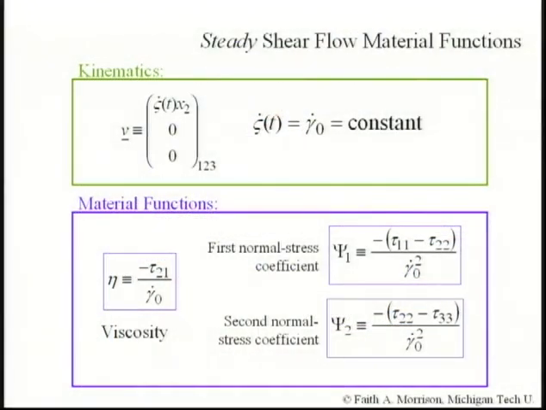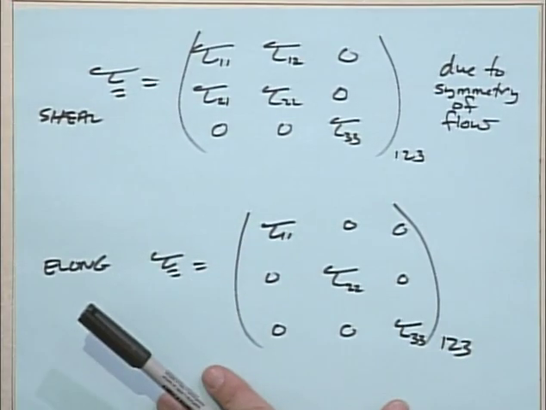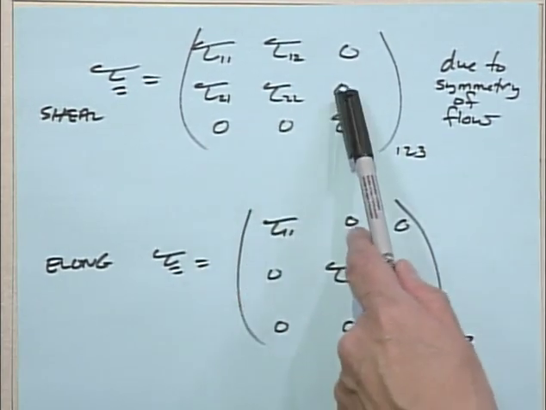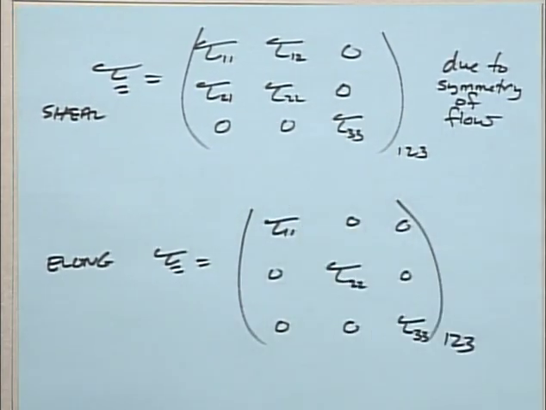So when we do, for instance, steady shear flow material functions, we know that we only have to deal with tau21 here, tau11, tau22, and tau33. Those are the only ones we have to deal with because we went through the effort of showing that by symmetry there is no tau13, tau31, tau23, and tau32.